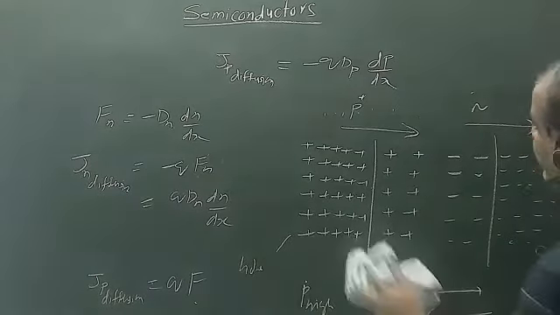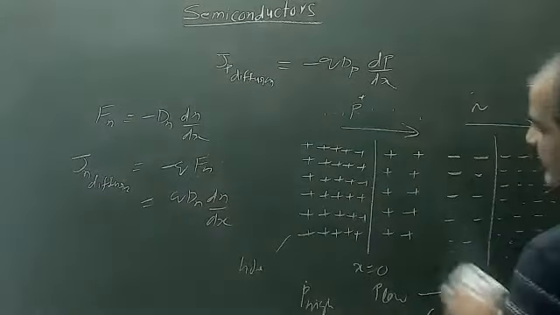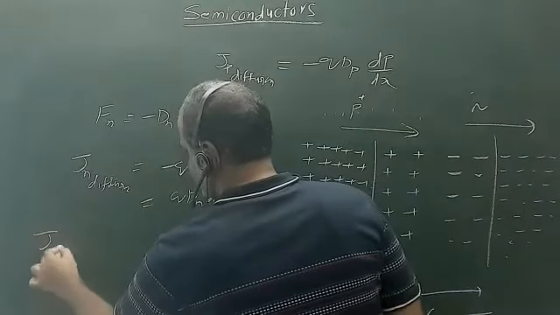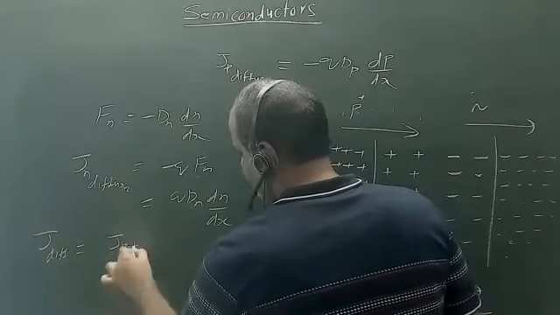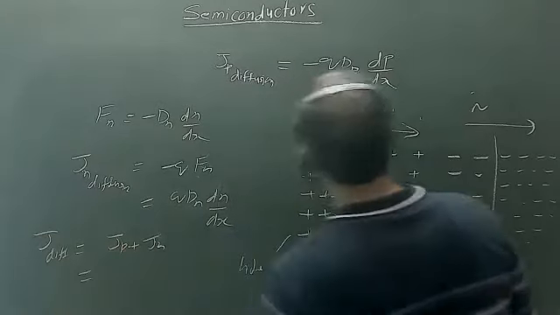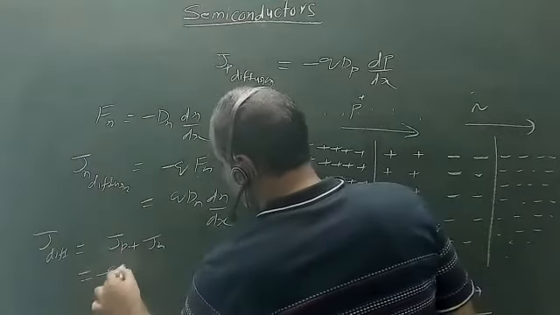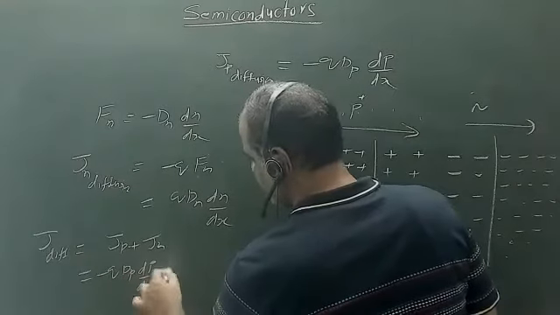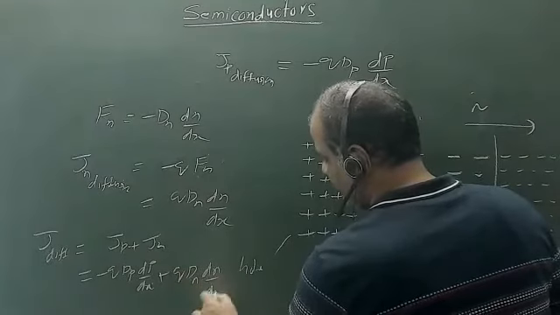So now I can write the expression for the total diffusion current, that will be J_p plus J_n. J_p will be minus q D_p dp upon dx, and this will be q D_n dn upon dx.